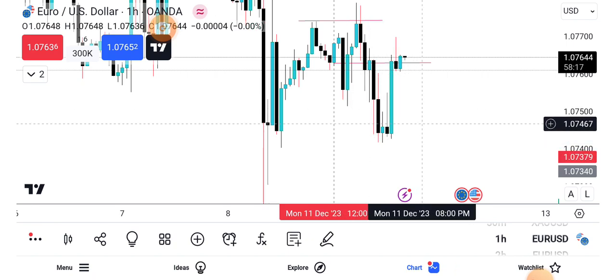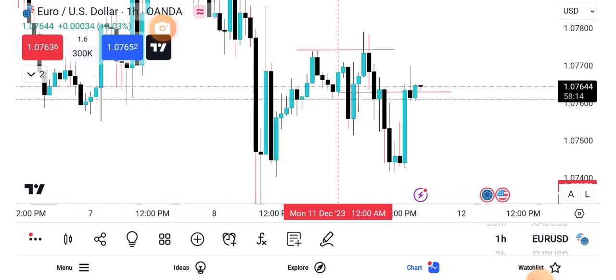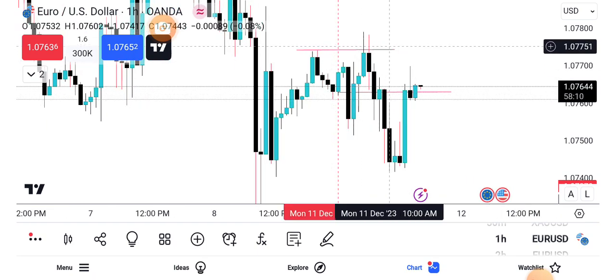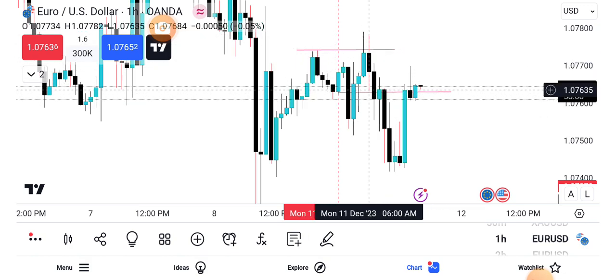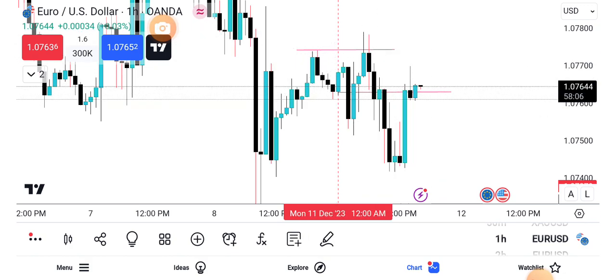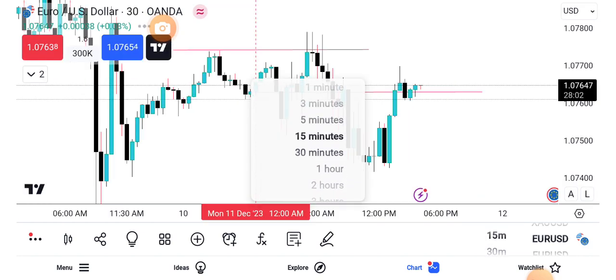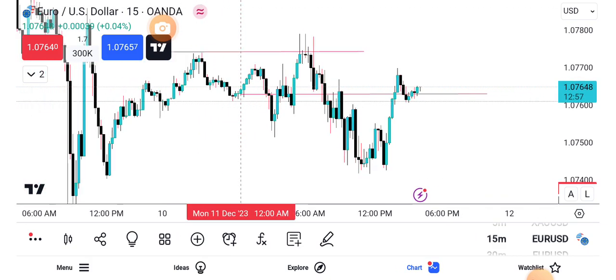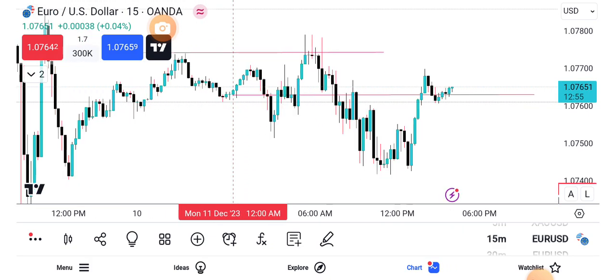That's better. So what happened is this buy side liquidity above here was grabbed, and you can see now we are above the daily open, the true day open. Now we can be looking for confirmations to go lower.